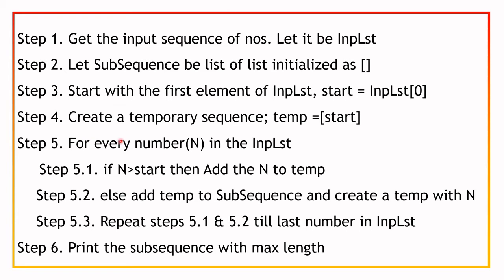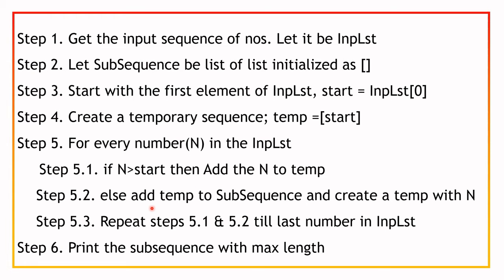Okay. And this temporary subsequence keeps on growing. Okay. If n is greater than the start, n is nothing but the next number in the list. Okay, so if n is greater than the start, I'll just add it to the temp.